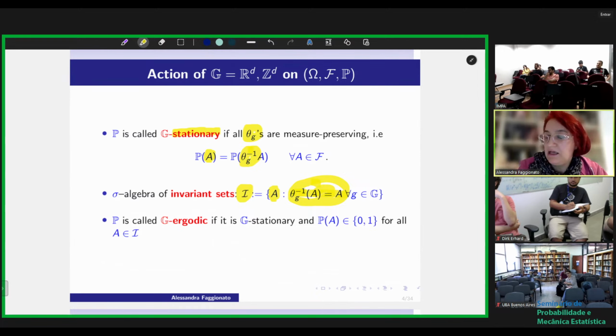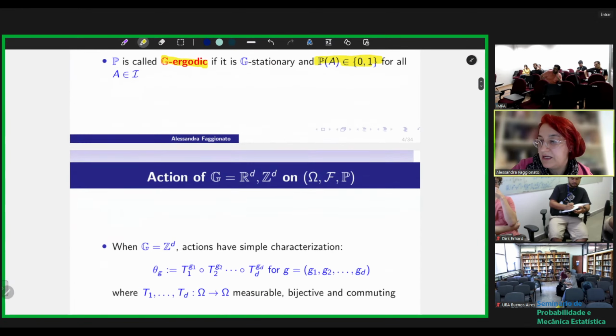Usually P is called ergodic for the action. I use the short notation G-ergodic if it is G-stationary and the invariant sets have trivial probability, that is 0 or 1.